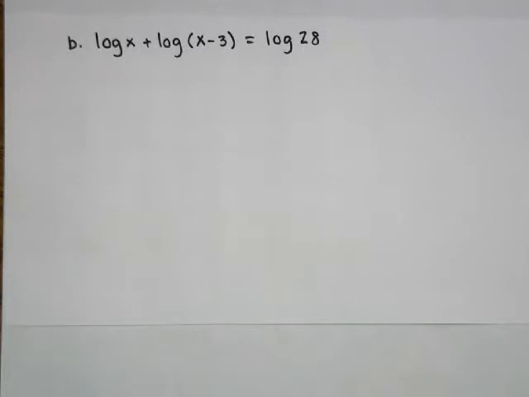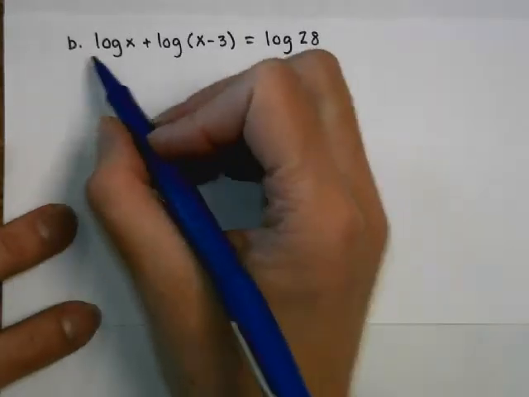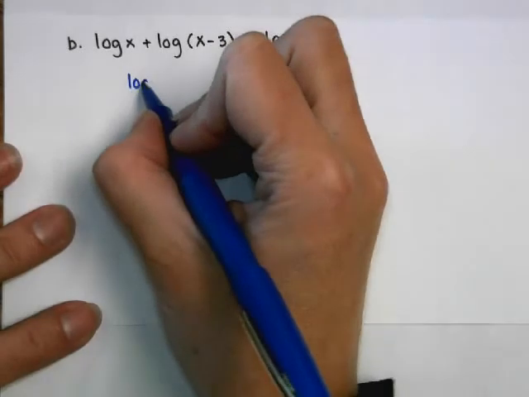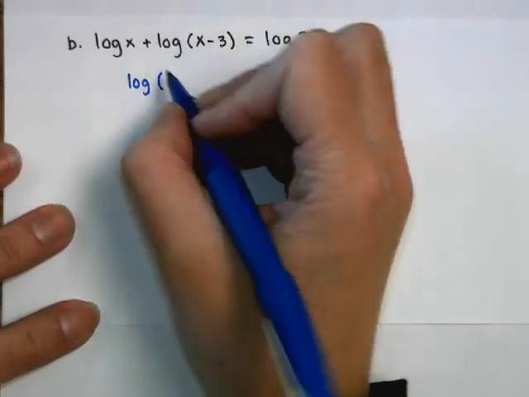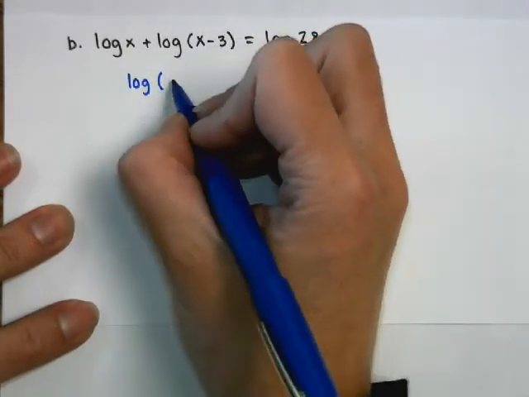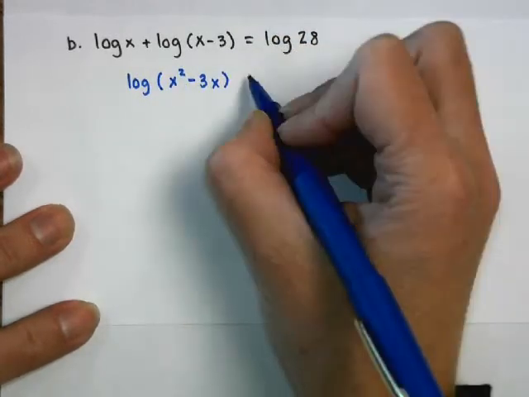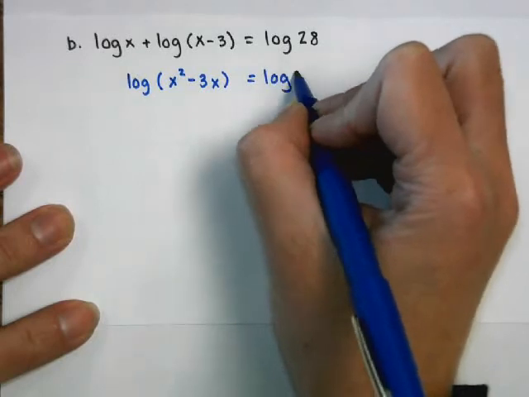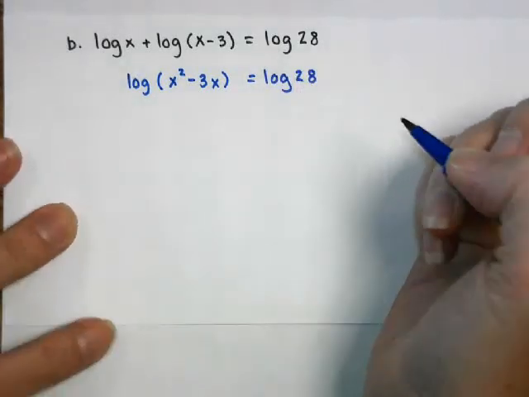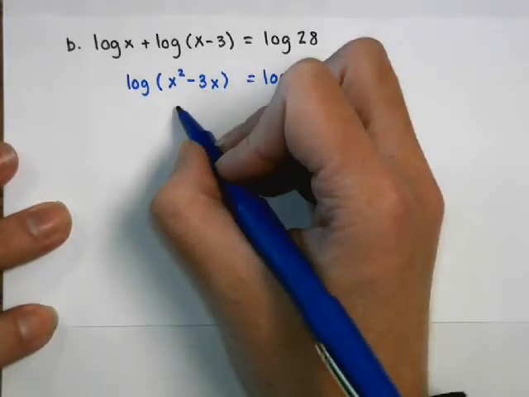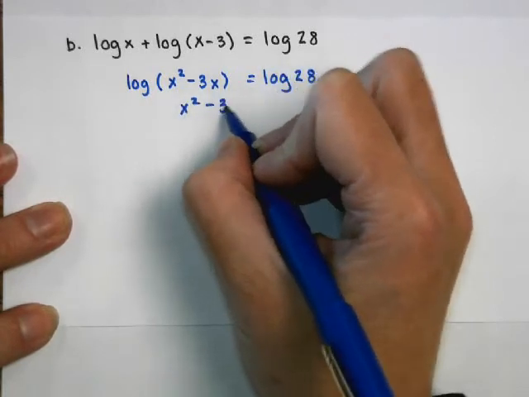Our next example, log x plus log x minus 3 equals log 28. We're going to be using the product rule here. So this side is going to equal log of, we're going to multiply x times x minus 3. So that's going to be x squared minus 3x. Now that we have the same log on both sides, I can drop them.